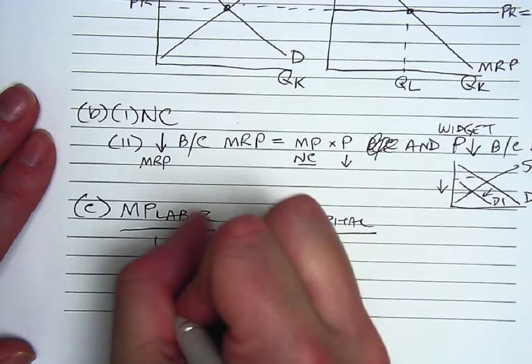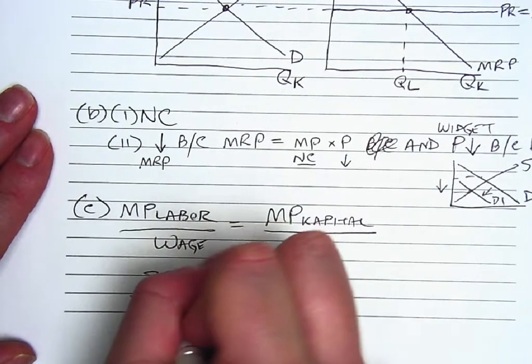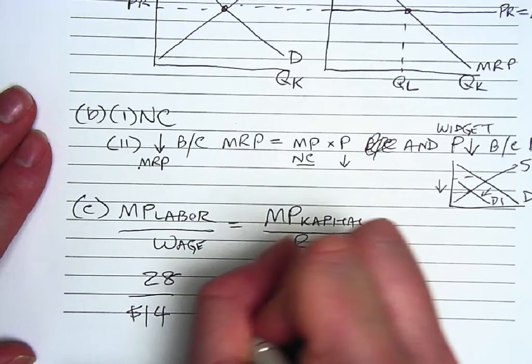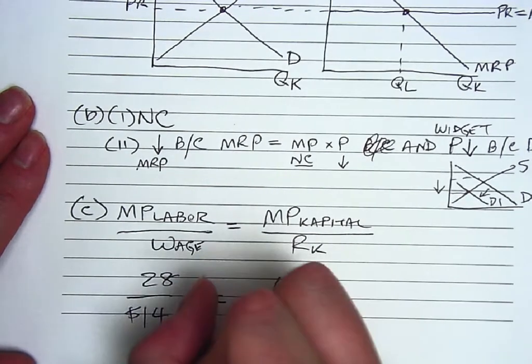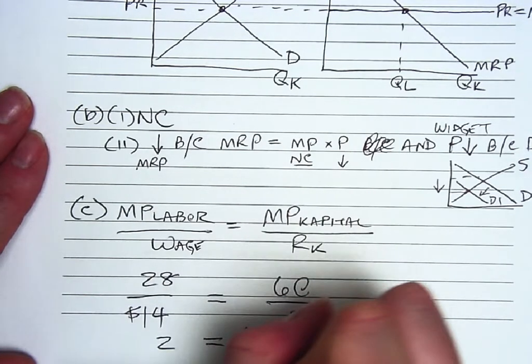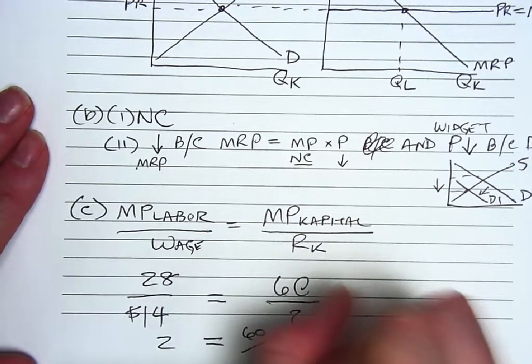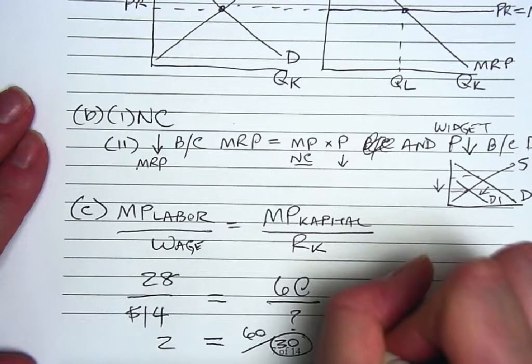They give us 28 and 14, and that is equal to 60 over what? 28 over 14 is 2, so 60 over 30 is equal to 2, so 30 is the rental rate.